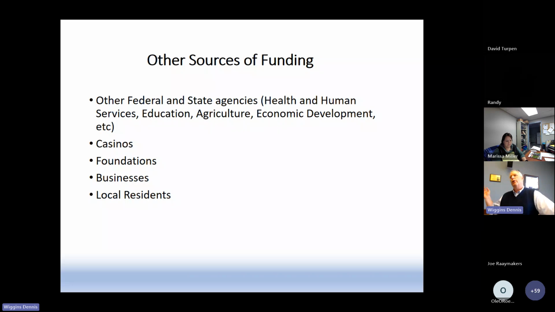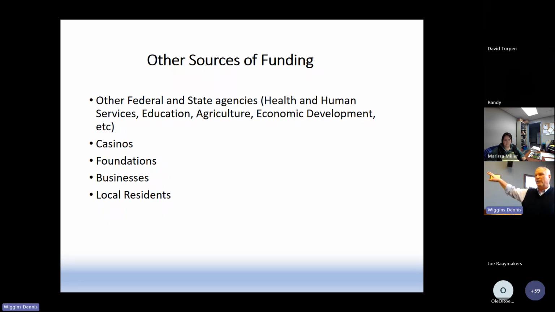Go into SAMS, go into grants.gov and type in the kinds of things you're interested in. You might find better opportunities from other federal funding agencies that you wouldn't have thought of. And if you called me, I definitely wouldn't have thought of those. We stay mostly in our DOJ lane, but don't limit yourself to that.